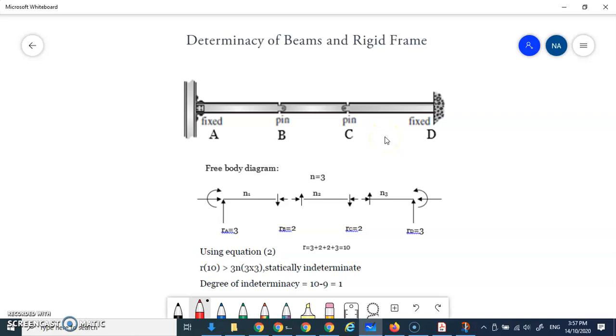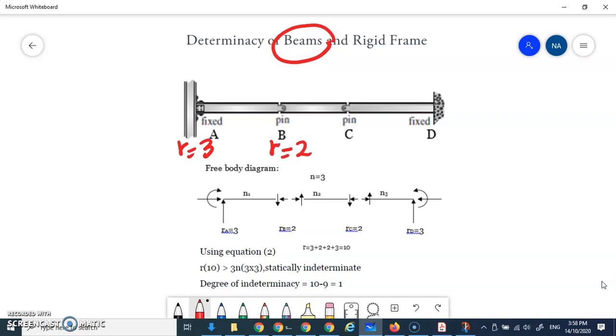Okay, this is the next example. So still beam. So we are now focusing on beam, not rigid frame yet. So okay, at location A, we will have a fixed support. So fixed support will have R is equal to 3. Okay. So at point B, pin support. Pin support reaction dia ada 2.